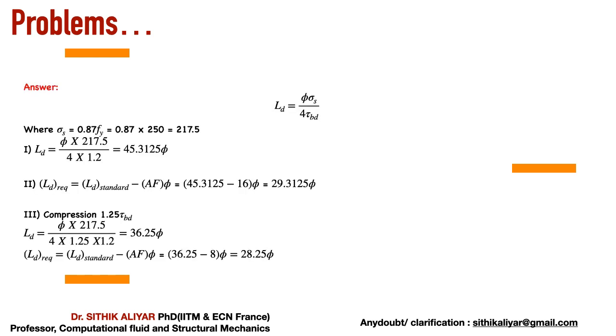You know the formula, LD is phi into sigma s by 4 tau BD. Most of the cases we will use sigma s, obviously because of the limit state method, 0.87 Fy. This is a mild steel bar, you will use 250, so you will get sigma s value 217.5 MPa. In the first case, they have given direct tension.